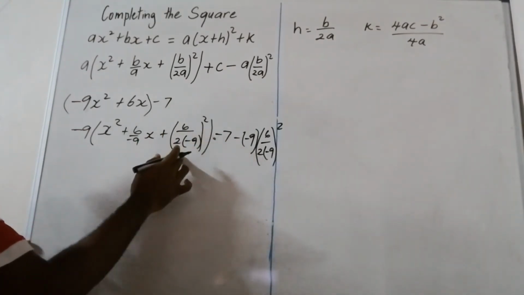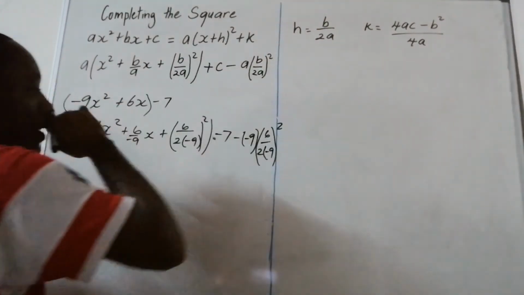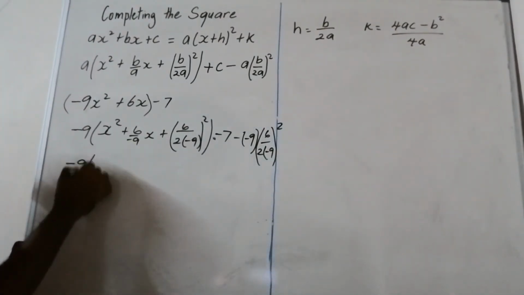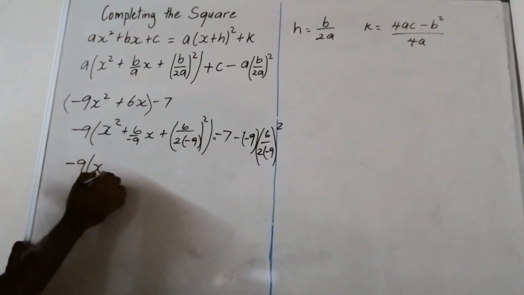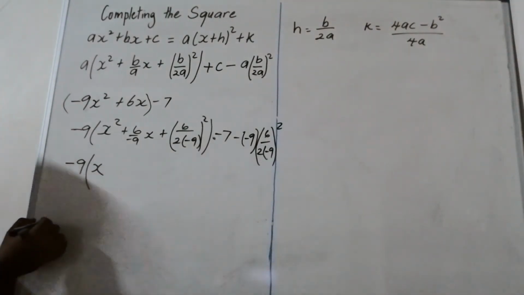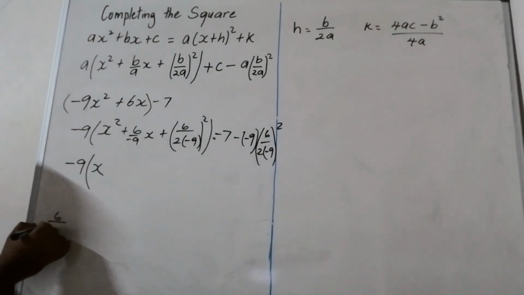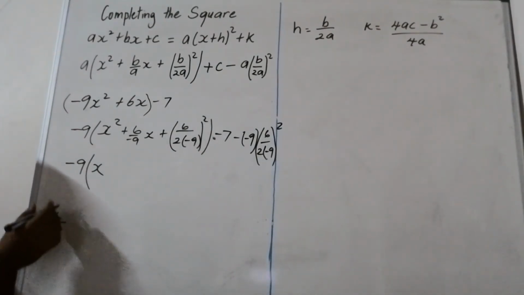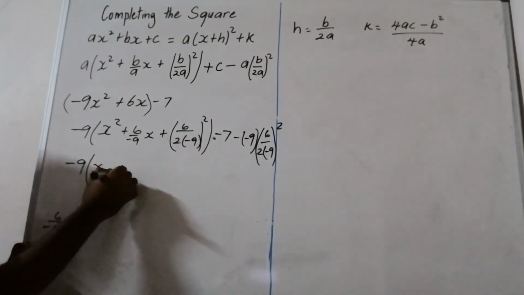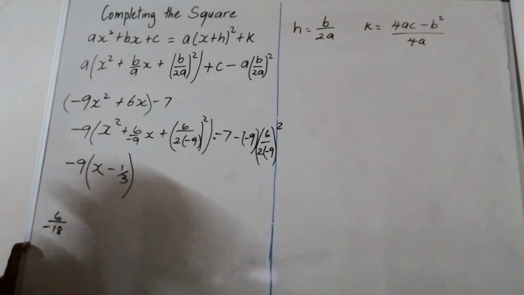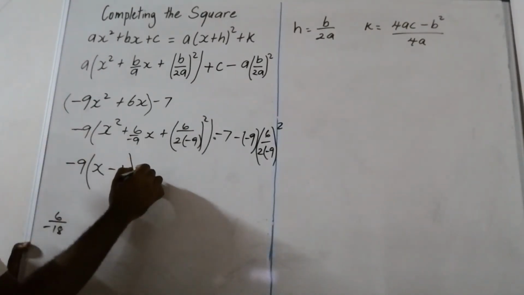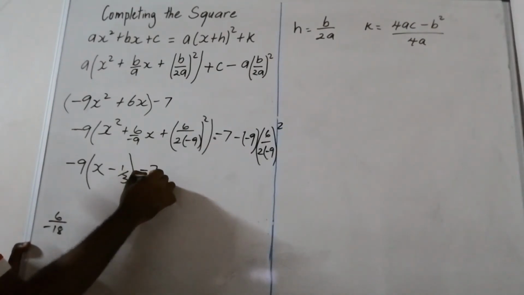And notice b over 2a is equal to h. So that will give us minus 9 times x plus b over 2a, which will give us, let's just work it out here, 6 over minus 18. And reducing this, we will get negative 1/3. So minus 1/3, and then we will have minus 7.